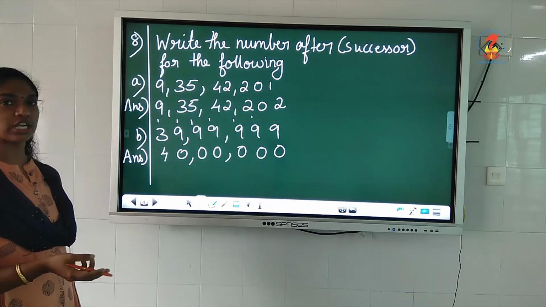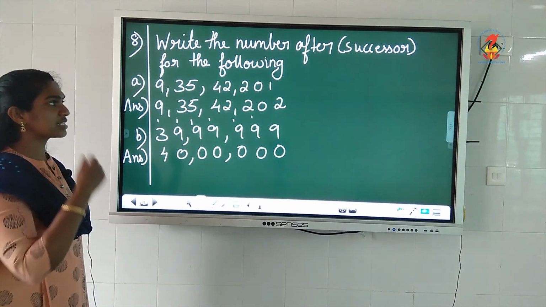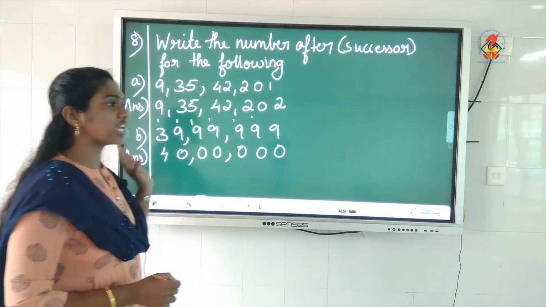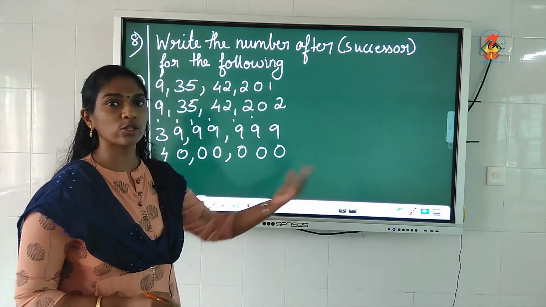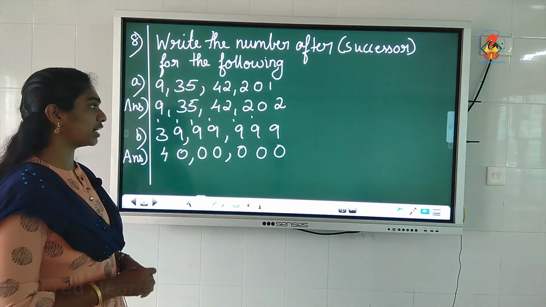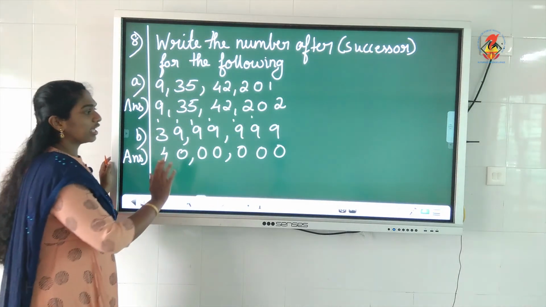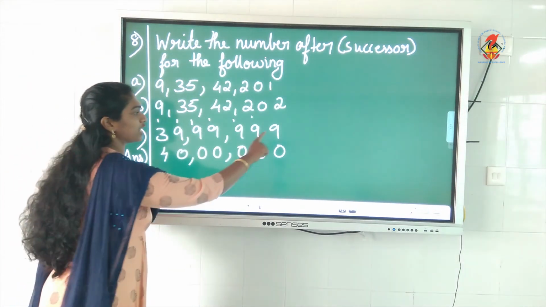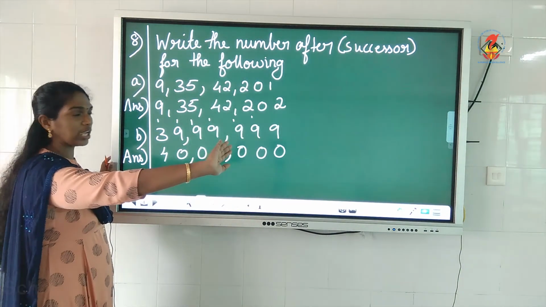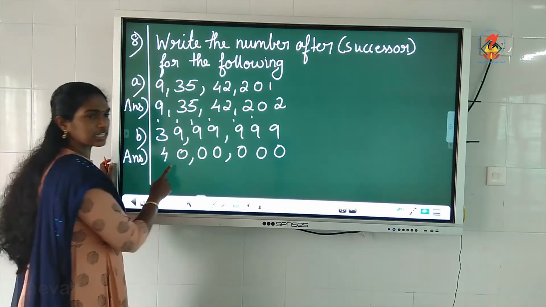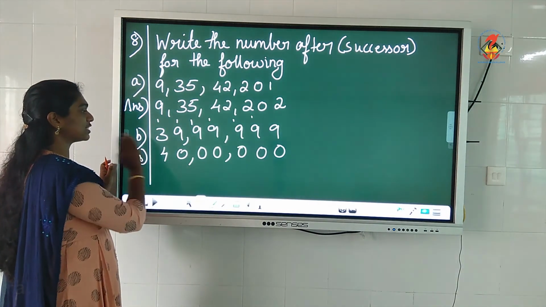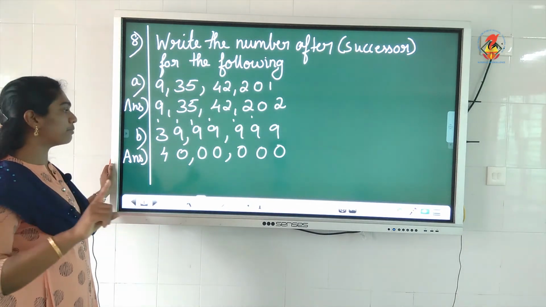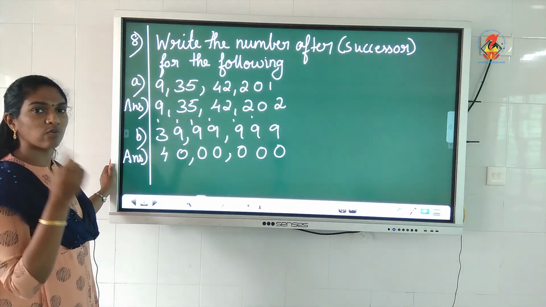Now without doing addition, I will tell you an easier method. As how you did in number before, in predecessor, there, when you had zeros at the end, you made all those zeros 9, isn't it? Similarly, in successor, if you have 9s at the end, all these 9s will become 0 and the number just before the 9s will become 1 more.